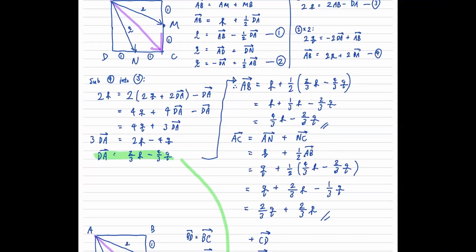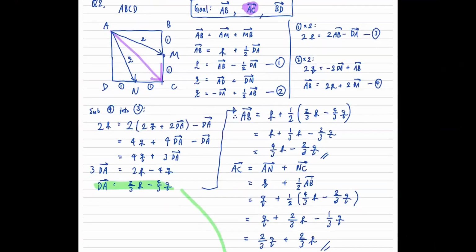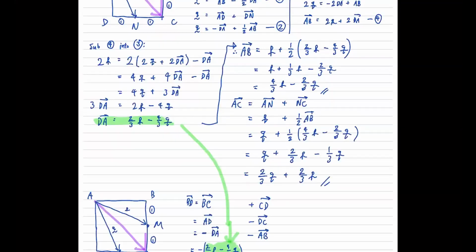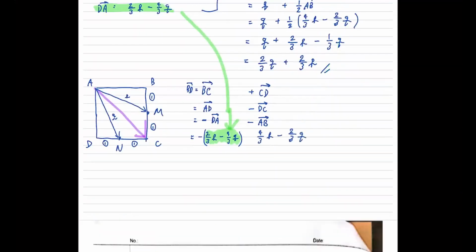No. But can we use AB? Yes, correct. DC is the same as AB. So that means we can replace the DC now with AB. Over here, I hope you can see where I'm writing. Then after that, you can just sub in the AB, which we already found just now. So over here, that's the AB, you just bring it in. Then you've solved the question already. Okay, can I leave it to you to solve this and then I'll move on?